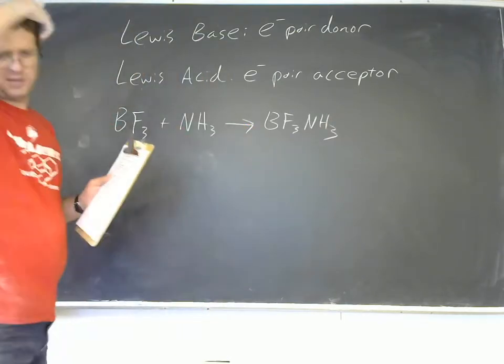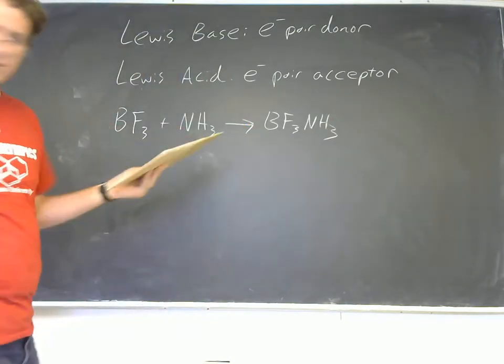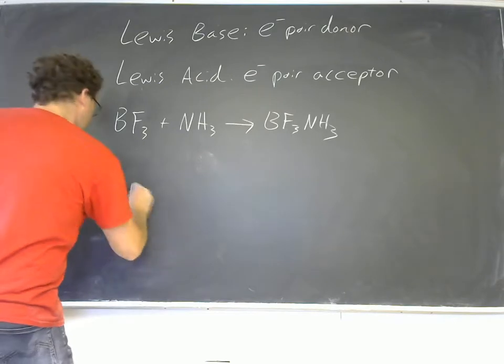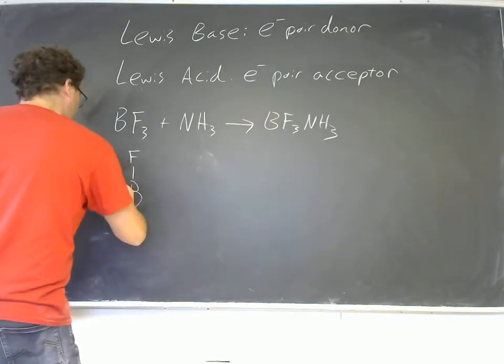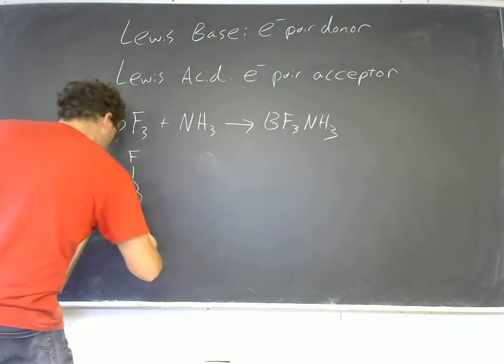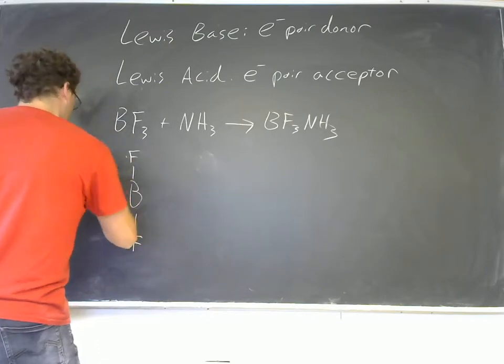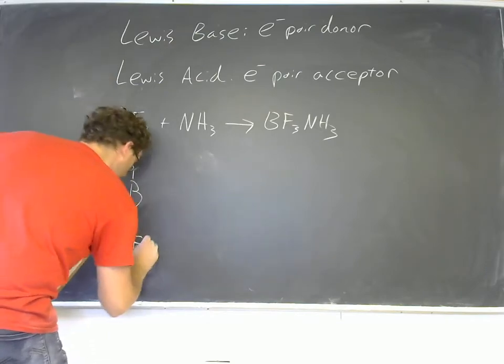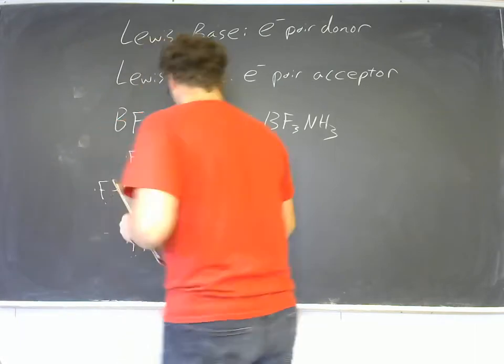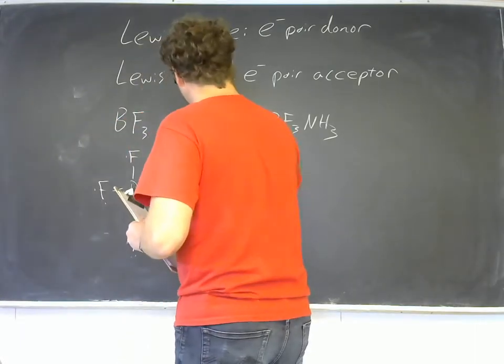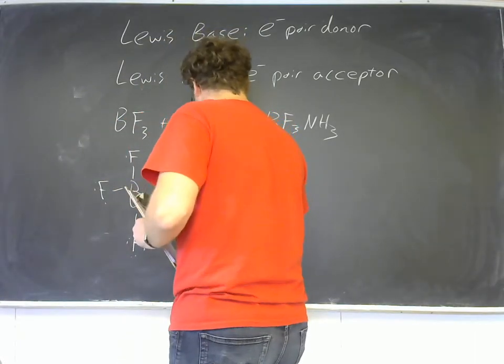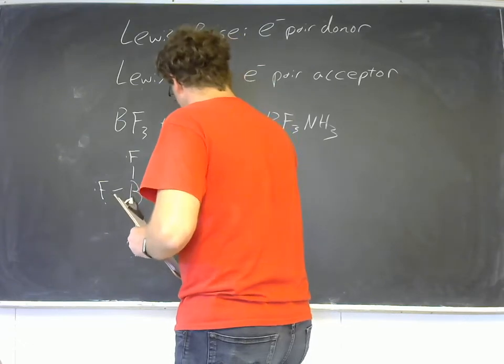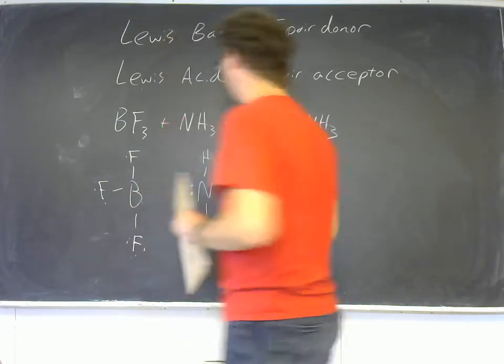And this will make a lot more sense if we draw the Lewis structures. So here is the boron trifluoride. And here is the ammonia, NH, H, H. And I'll draw these electrons a little bit more carefully because they're important ones.